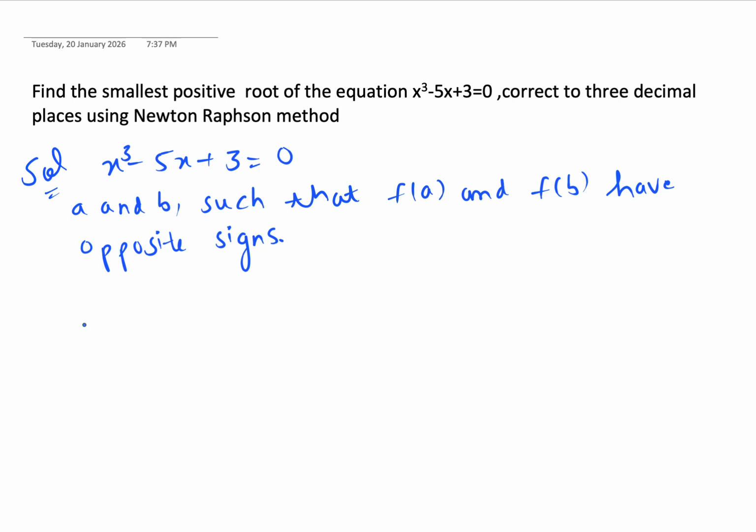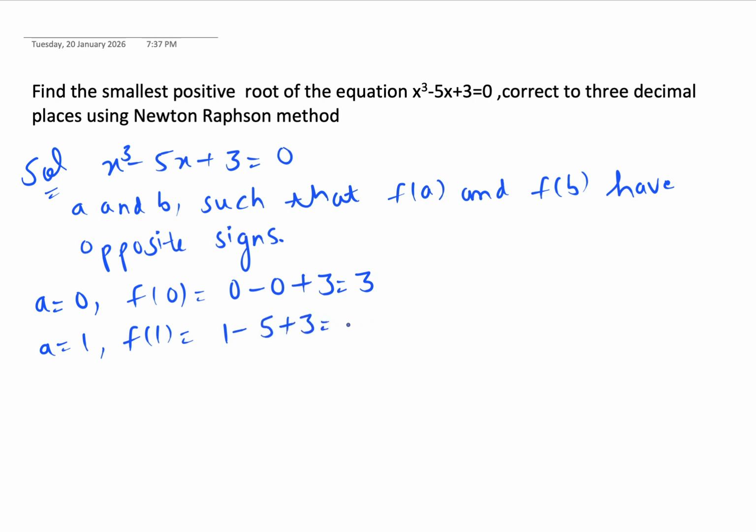Now, if I take a equals 0, let's find out what f of 0 will be. This will be 0 minus 0 plus 3, which will be 3. If I take a equals 1, let's find out f(1). 1 minus 5 plus 3, this will be minus 1.